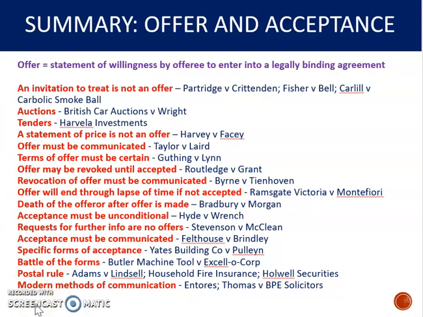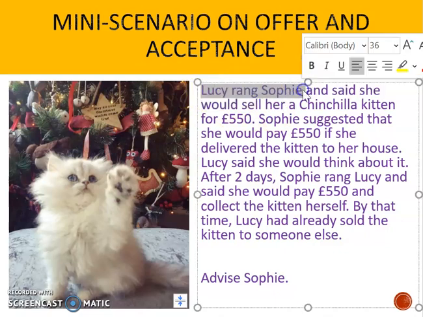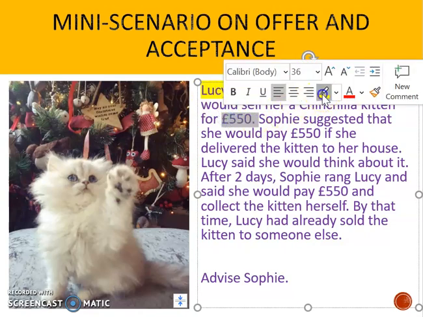Let's go back to the slide and have a look at what our issues are with Lucy. So useful to get a highlighter so you can highlight issues as they arise. So it says Lucy rang Sophie, and that's quite important, and said she would sell her a chinchilla kitten for £550.